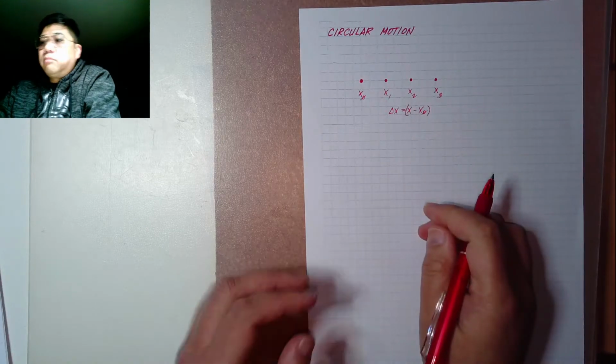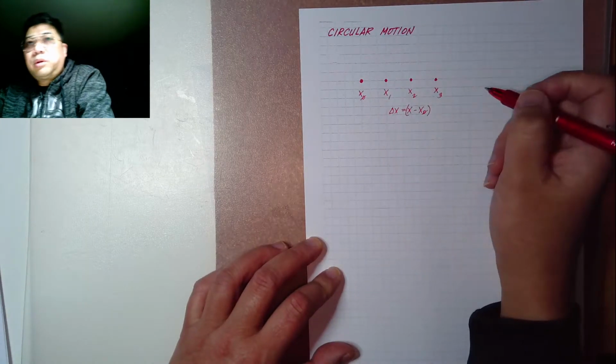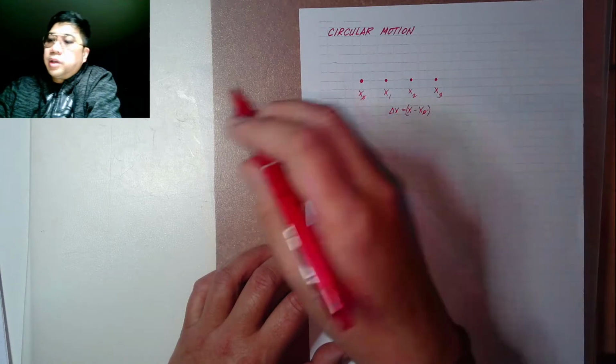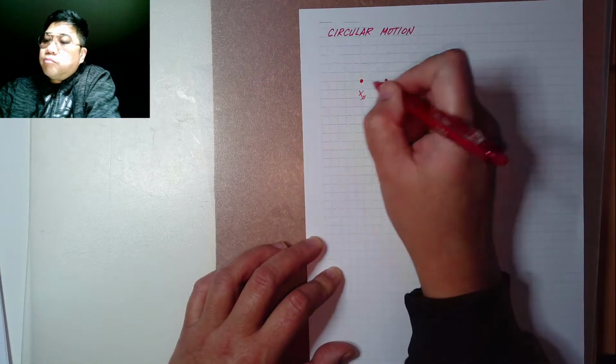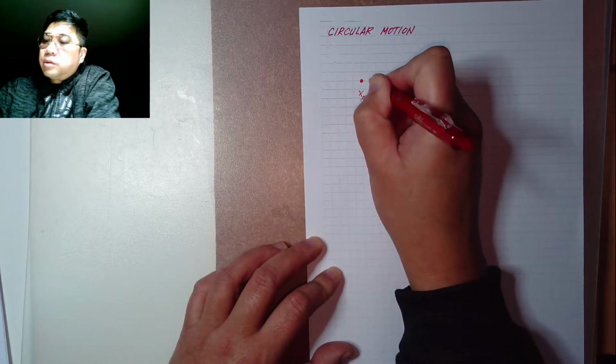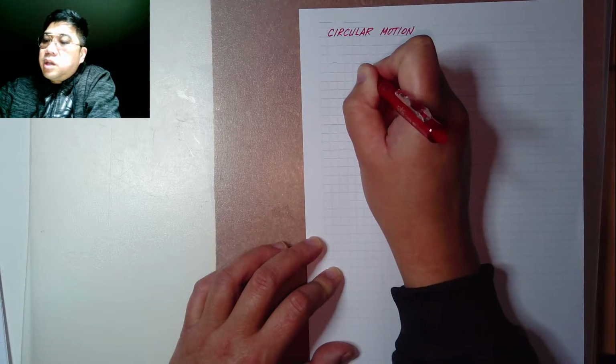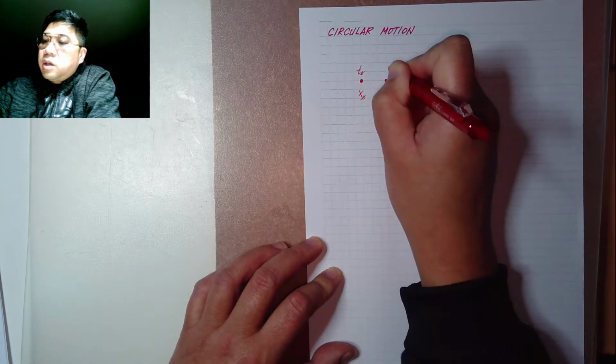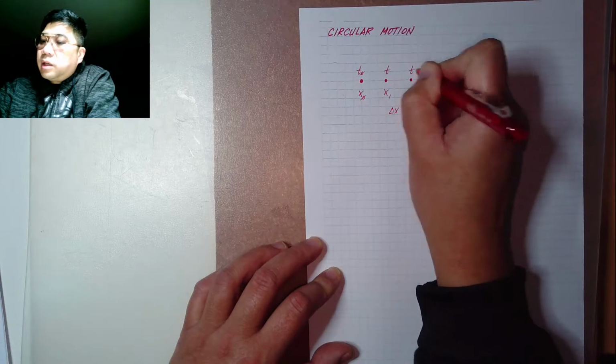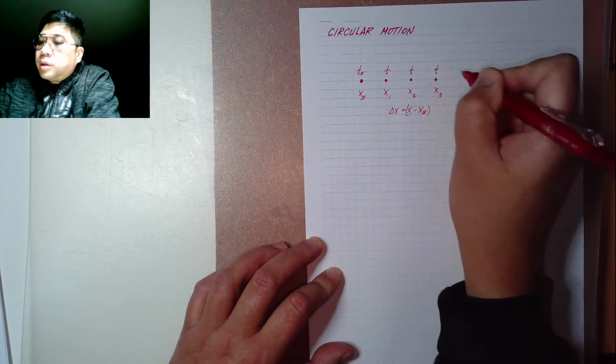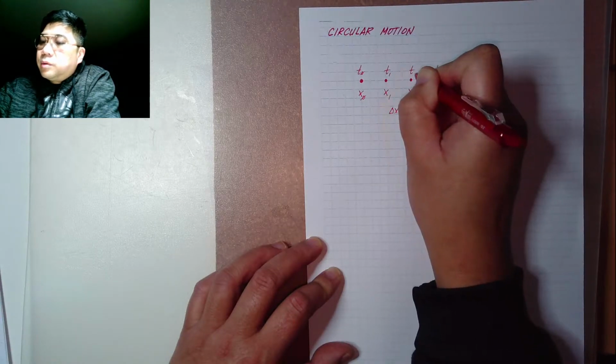Now for time, since time is always what we call a continuum, this is your time at the original position, which is t naught. This is t1, t2, and t3.